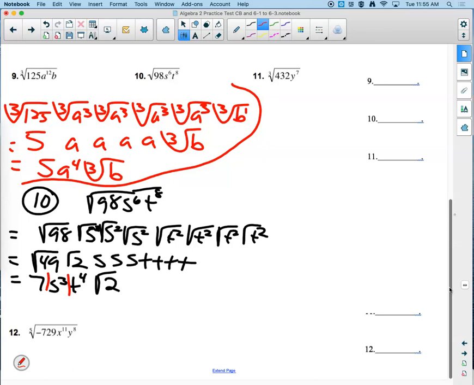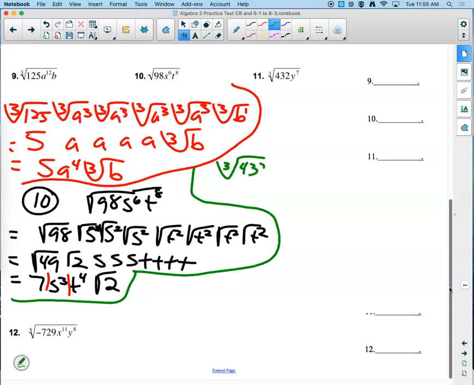Cubed root of 432. I don't think that one shows up on our power chart. So at least I was able to separate my y's.